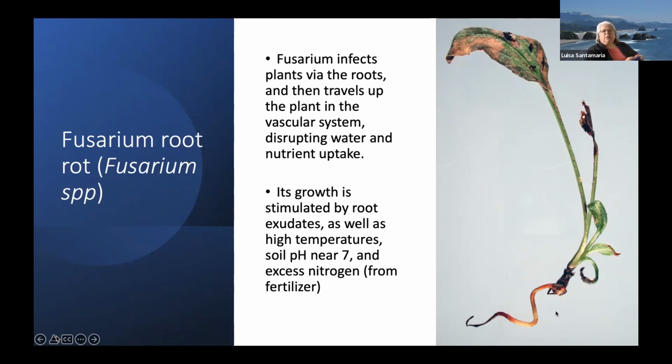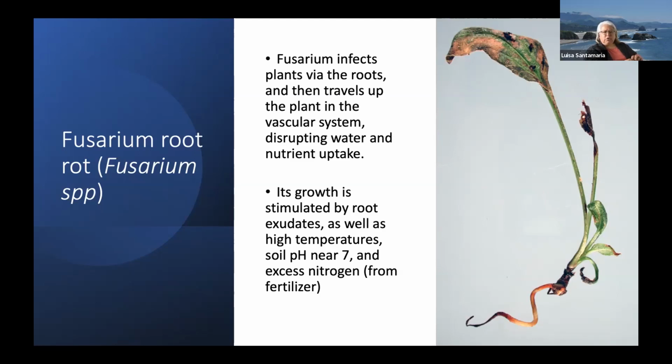So it causes vascular damage, and consequently, if they don't have a good root system, they don't have a way to take up water and grow. The presence of a susceptible plant will produce some exudates that attract the pathogen to infect the plant.